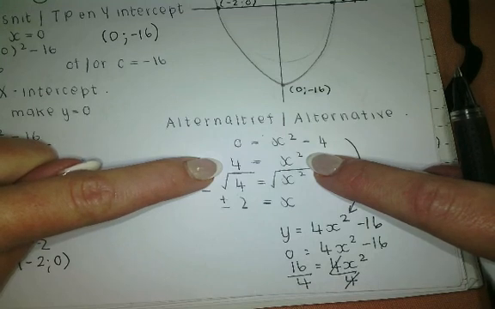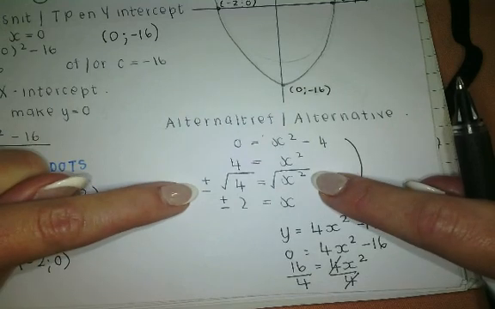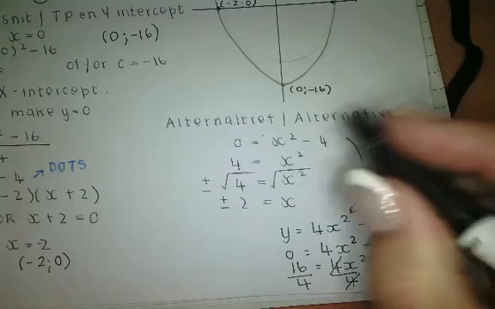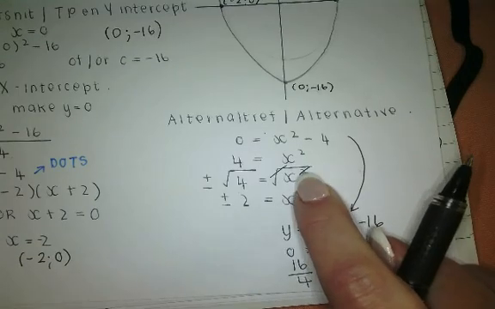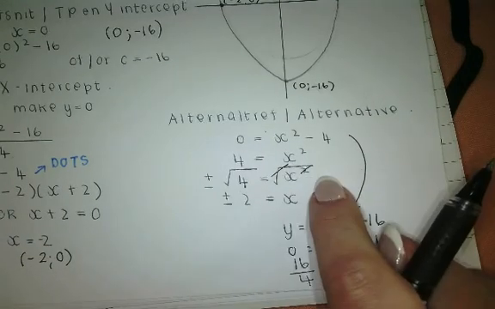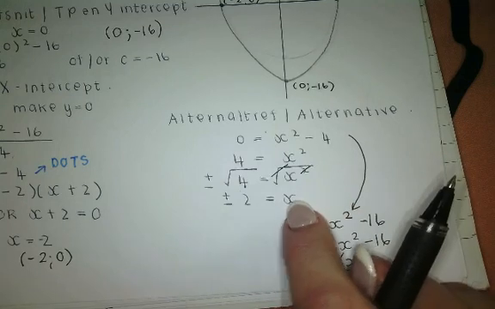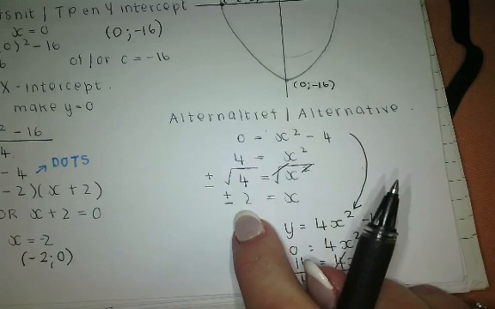Yes, right. In order to get x alone, we need to square root both sides. But remember, whenever you square root, your answer is always plus or minus that answer. Are you with me? Do you understand why? So by square rooting, your squared and your root cancel each other out.